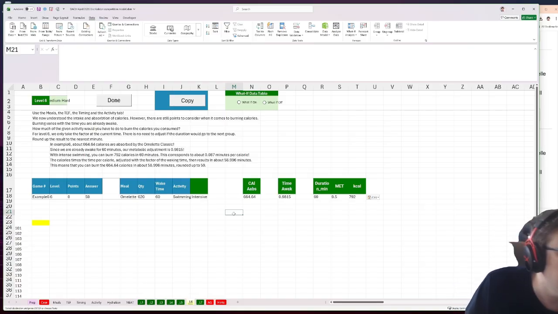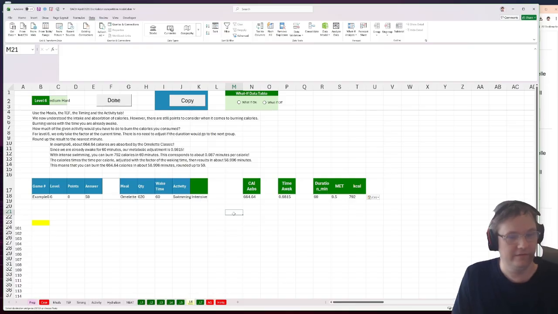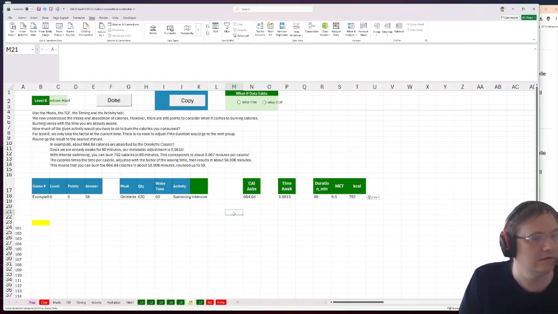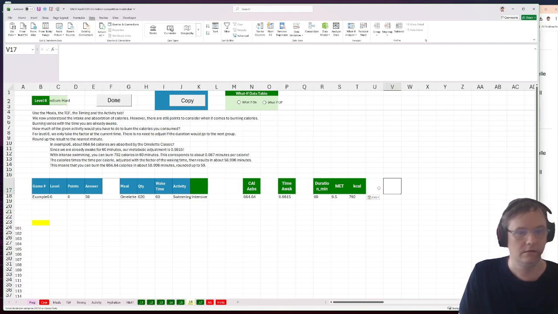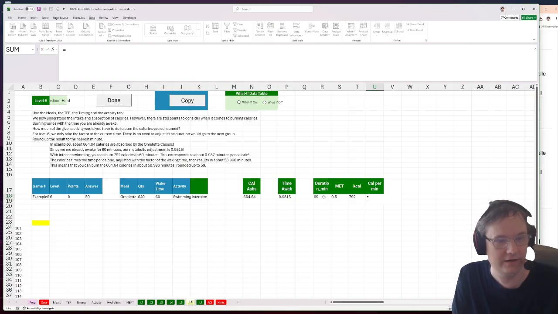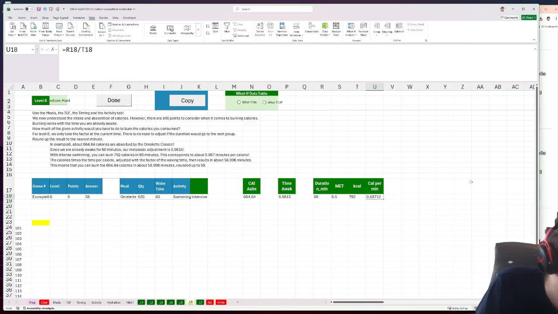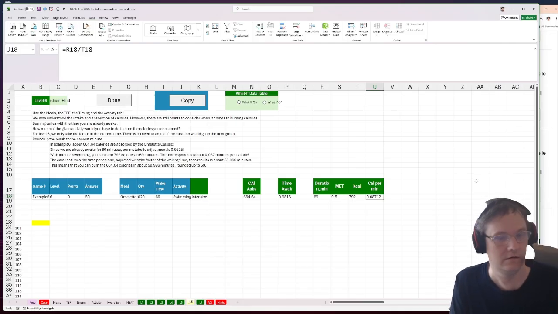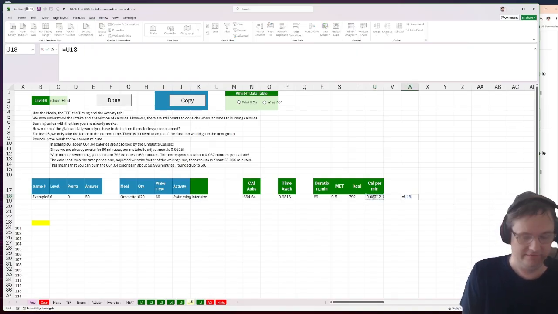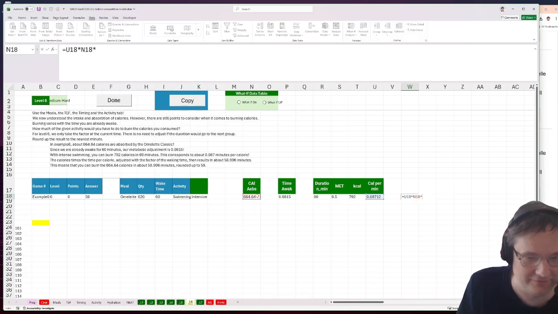972 and 69 minutes. This corresponds to a certain number of minutes per calorie. Calories times the time per calorie. So calories per minute is this divided by this. Now minutes per calorie equals this divided by this. That's minutes per calorie. Equals this times this times this.